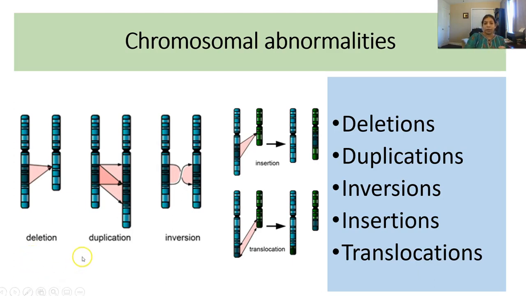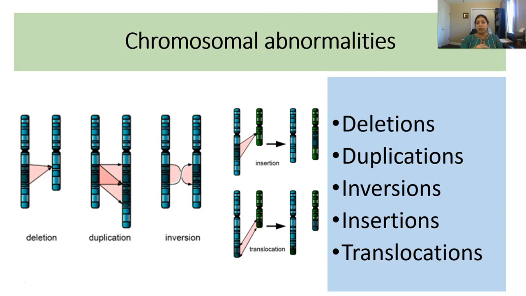Another thing that can happen is that you can have insertions or translocations from different chromosomes altogether, so non-homologous chromosomes. The deletion, duplication, and inversion that we talked about were in the two homologs or homologous pairs of chromosomes. But you can also have insertions and translocations between two different, non-homologous chromosomes.